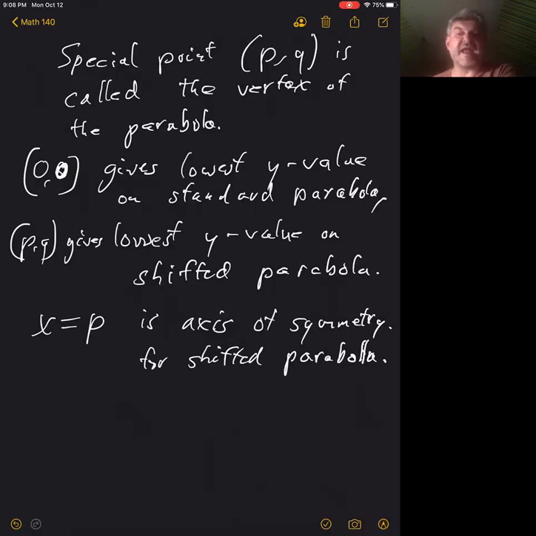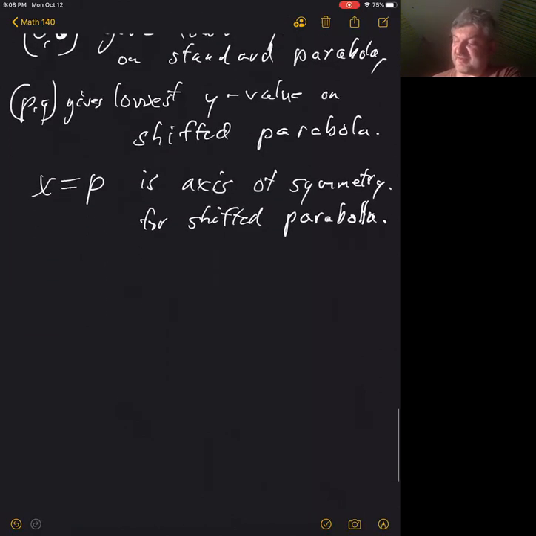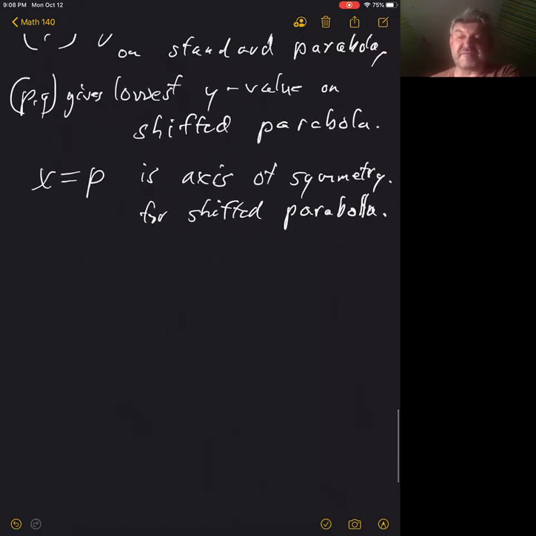And finally, x-intercepts are where a parabola intersects the x-axis. It may not do that, but if it does, those x-intercepts have to be symmetric about the axis of symmetry.